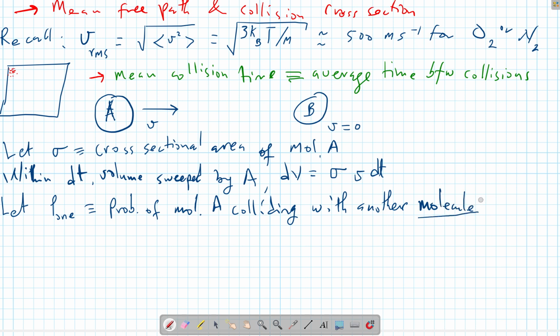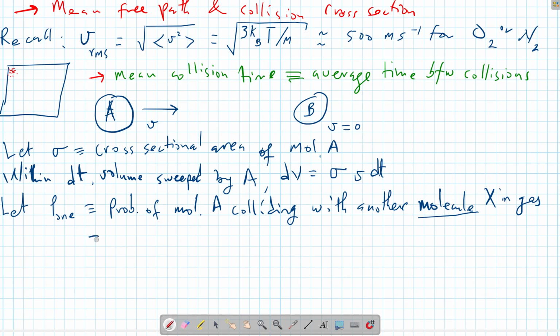So this is a molecule, let's say molecule X, which is any other molecule within the gas, right? In the gas.